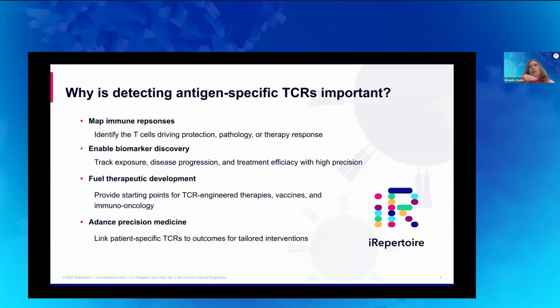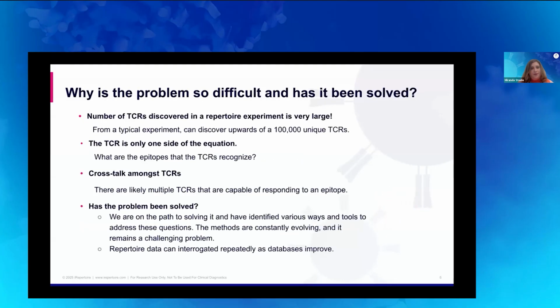If we go to the more specific approaches, such as the single-cell approaches, these provide the starting points for TCR engineered therapies, vaccines, and immuno-oncology as well. And then finally, this leads to advanced precision medicine, where we can start linking patient-specific TCR outcomes to tailored interventions. That's much further downstream, but it's still definitely in sight.